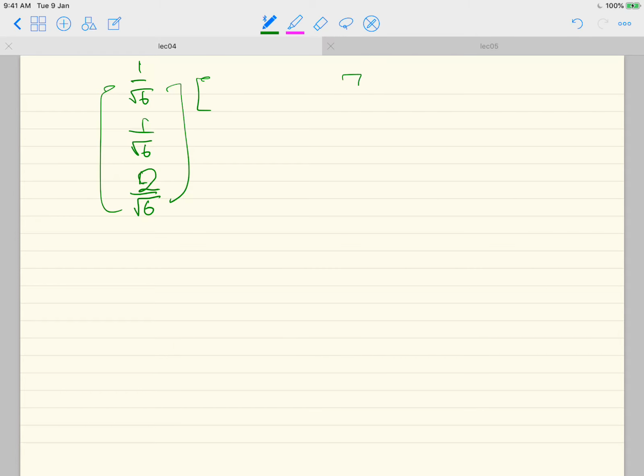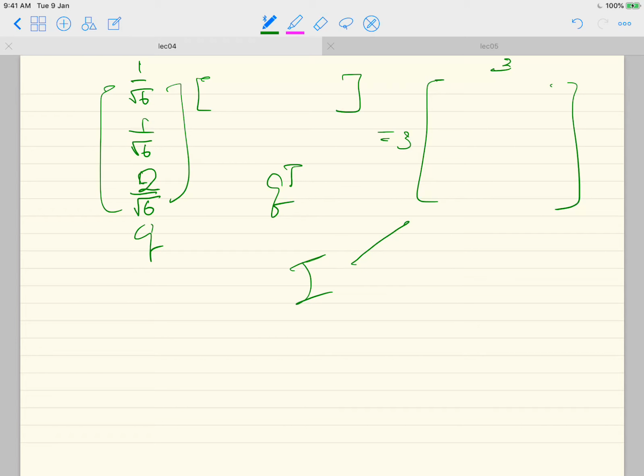And once we form this QQ transpose, and we understand how it works, we have this 3 by 3 big matrix, and then we subtract it from the identity, which is 1, 1, 1, and 0, 0, 0, 0, 0, right?